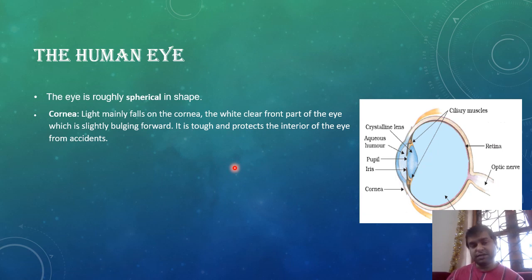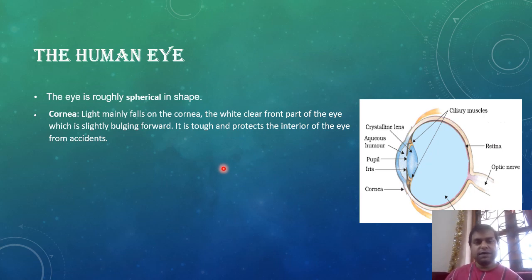accidents. So the function of this is to protect the interior of the eye from any, sometimes fingers go in our eye, or sometimes some dust or some dirt goes in our eyes, or minor accidents can take place when we fall on the face and so forth.